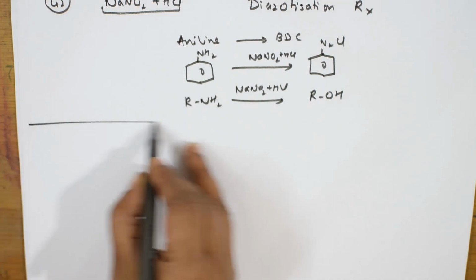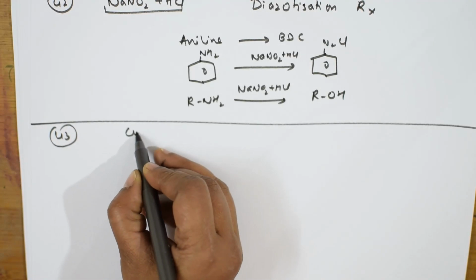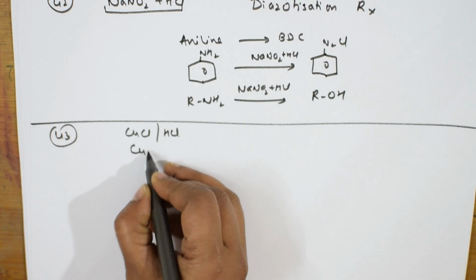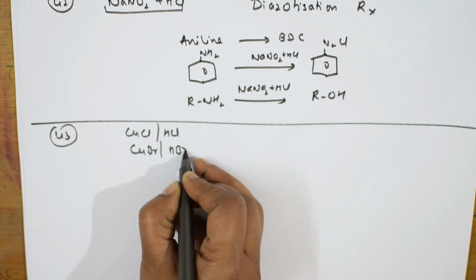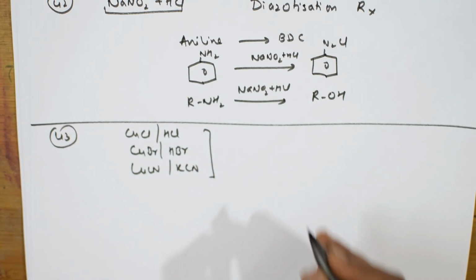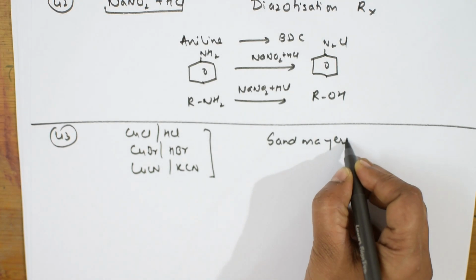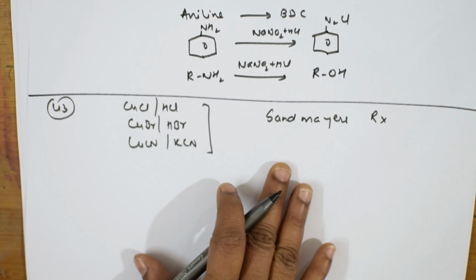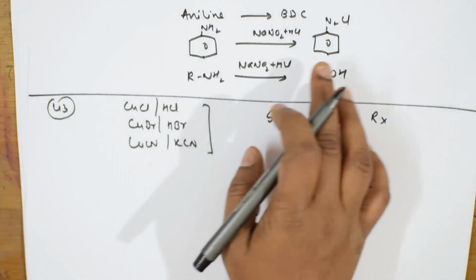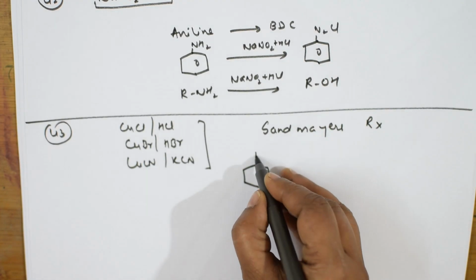One more thing we'll see. One more important reagent. If you have CuCl by HCl, CuBr by HBr, or CuCN by KCN, these are the reagents used in Sandmeyer's reaction. In Sandmeyer's reaction, the same BDC is taken, C6H5N2Cl.